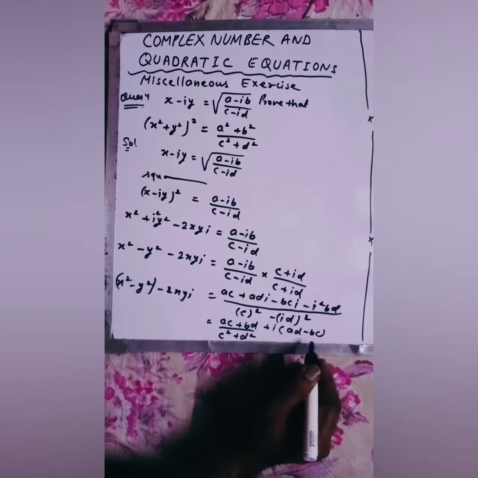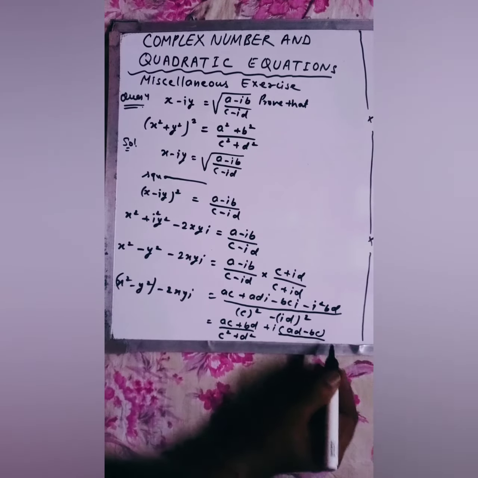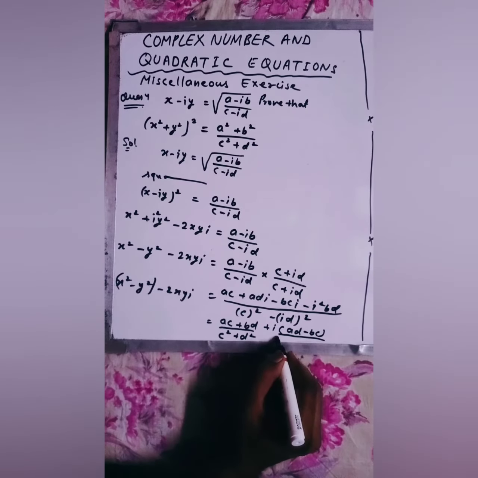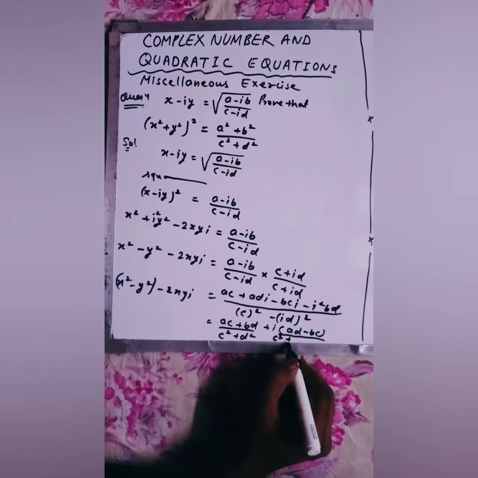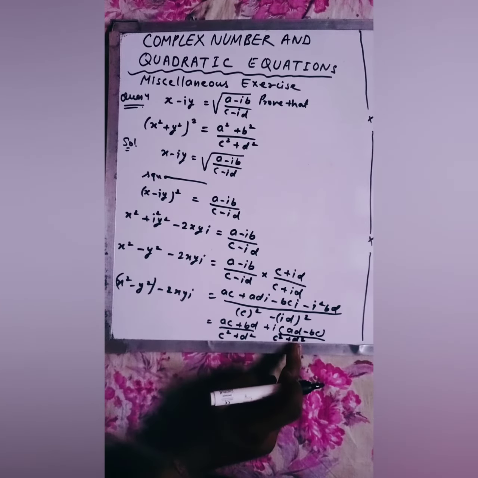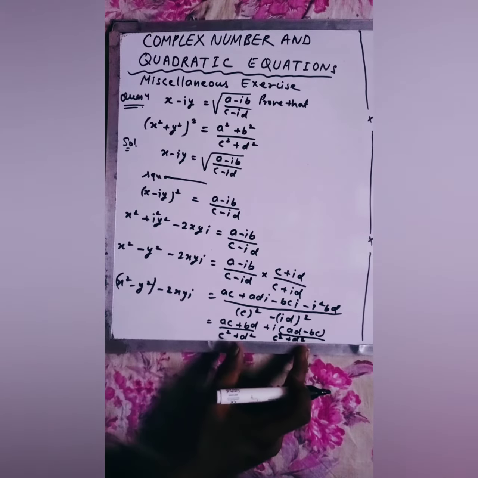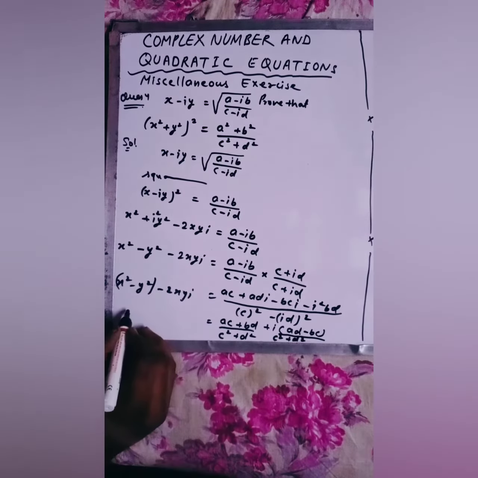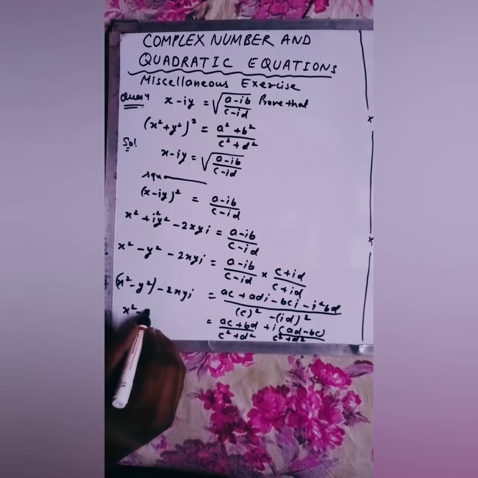Similarly in the denominator of this you have to write the same term, that is C square plus D square. This is C square plus D square, C square plus D square.